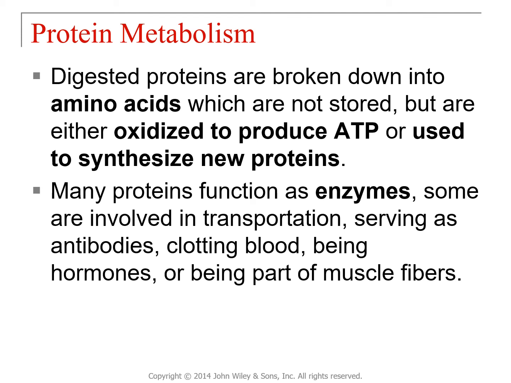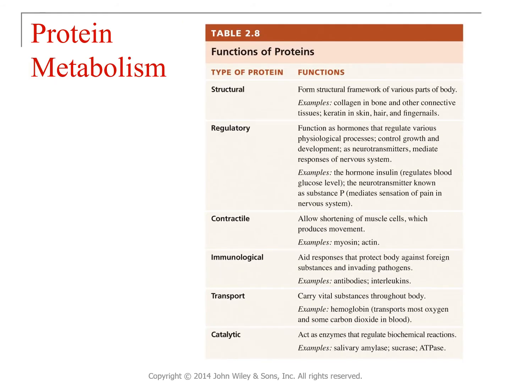Many proteins function as enzymes, which are biological catalysts, which essentially allow the reactions of the body to occur. But we saw the other functions of proteins, which are summarized on the next slide. So proteins can be structural, regulatory, contractile, provide protection through immunity.